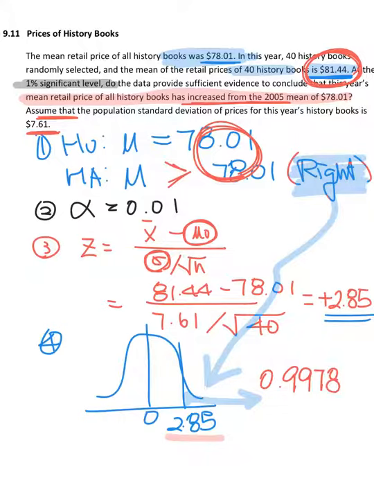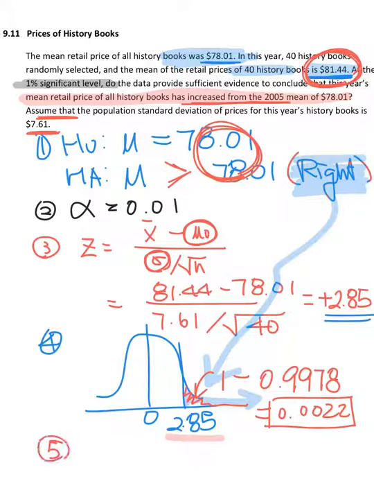It is the left tail, yes, sir, but we need the right. What should I do? 1 minus 0.9978, which is 0.0022. That is the right-tail probability, and it is the p-value. Now, make the decision. How much was alpha?